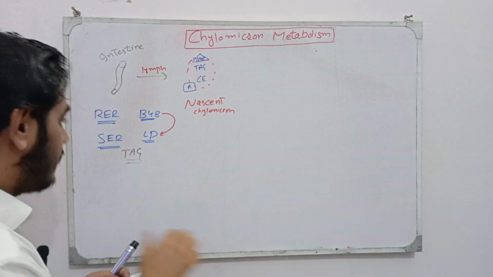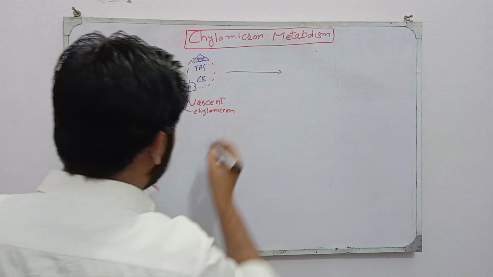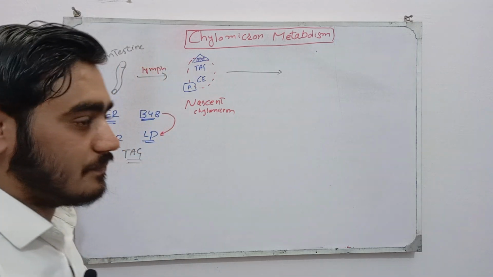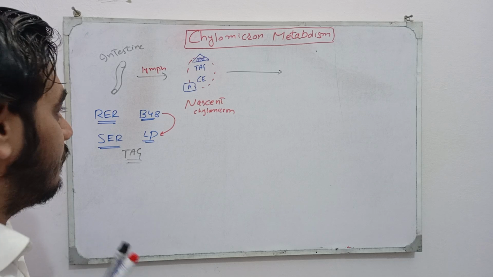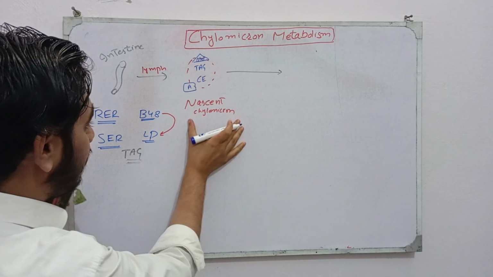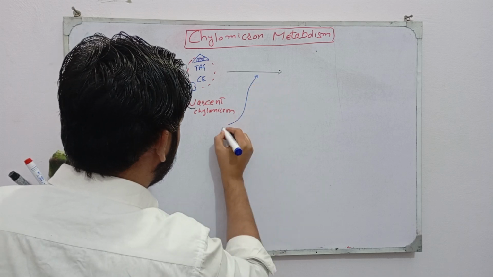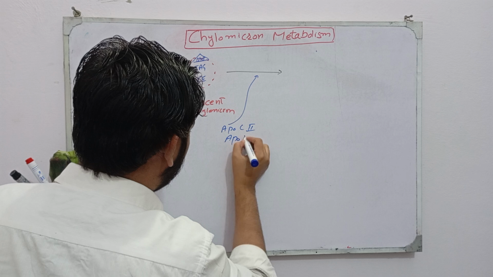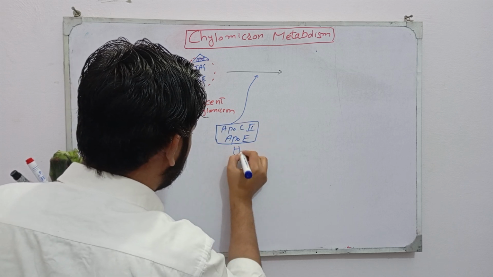In the next step, Apo C2 and Apo E get incorporated in nascent chylomicron. Apo C2 and Apo E are obtained from HDL.